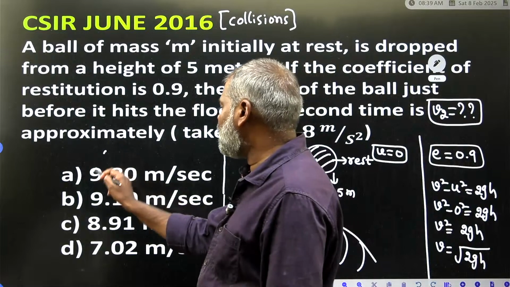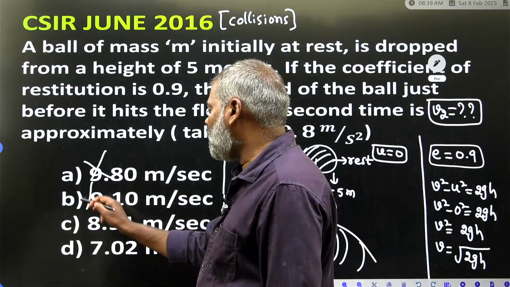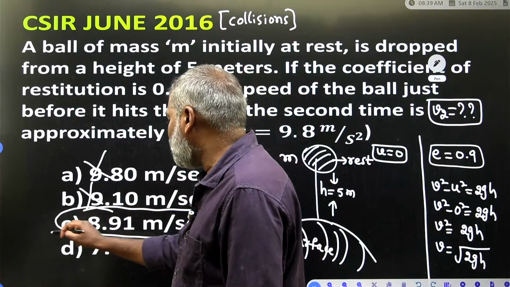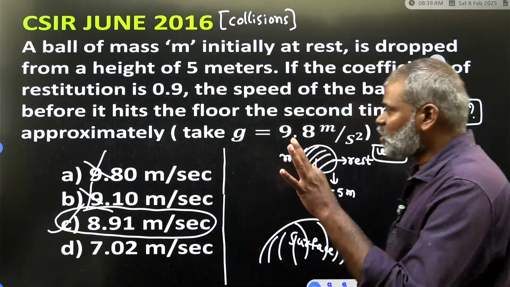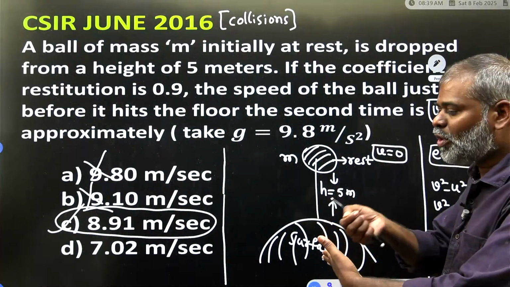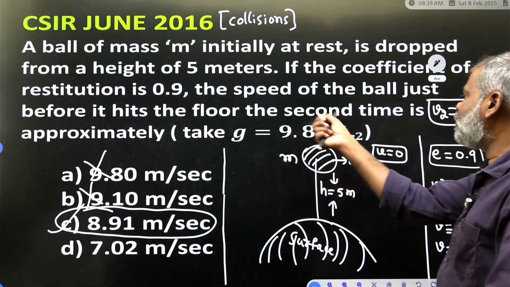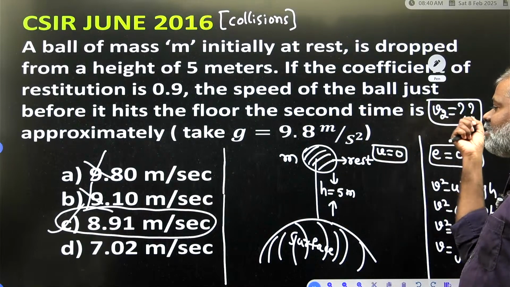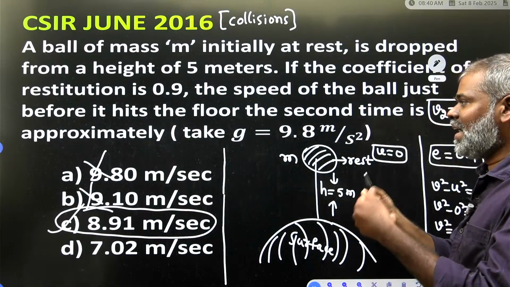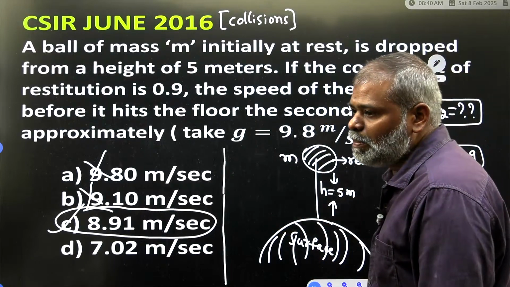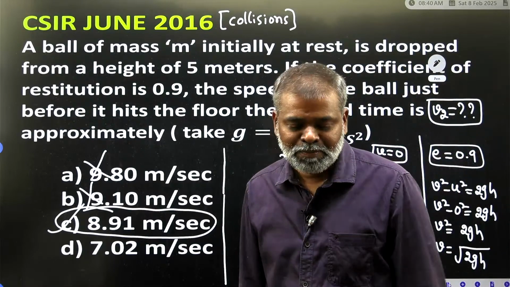What is your answer? 9.80 is wrong. 9.10 is wrong. 8.91 meters per second you are getting. So the speed of the ball just before it hits the floor second time is approximately 8.91 meters per second, right?